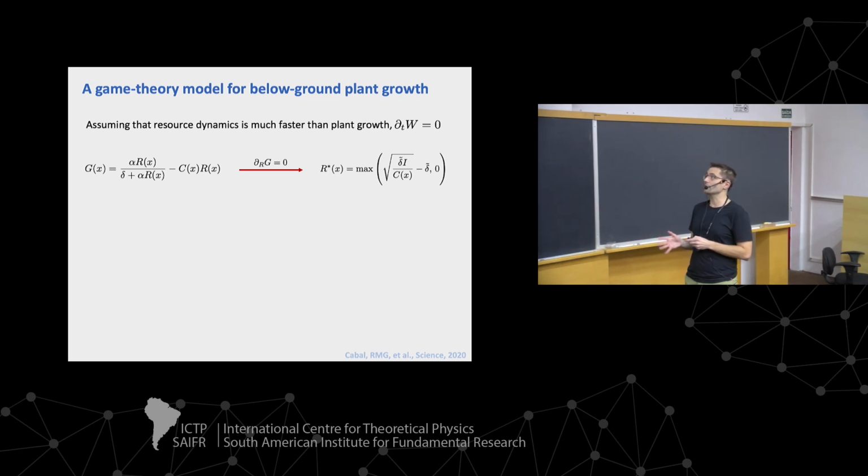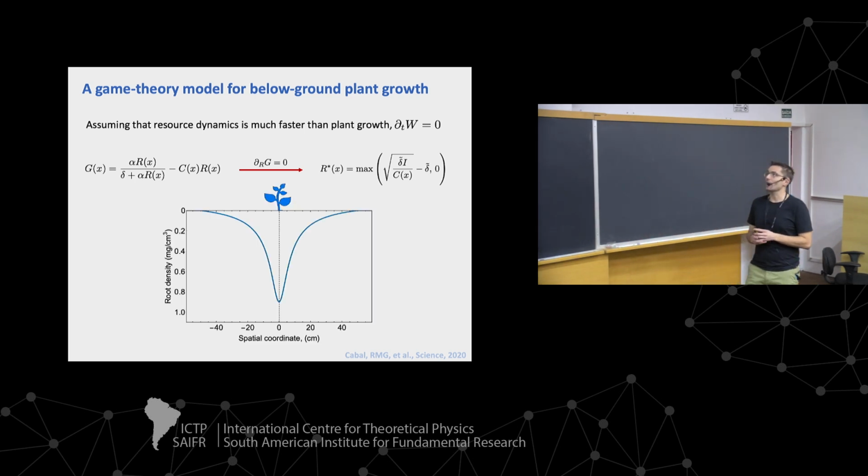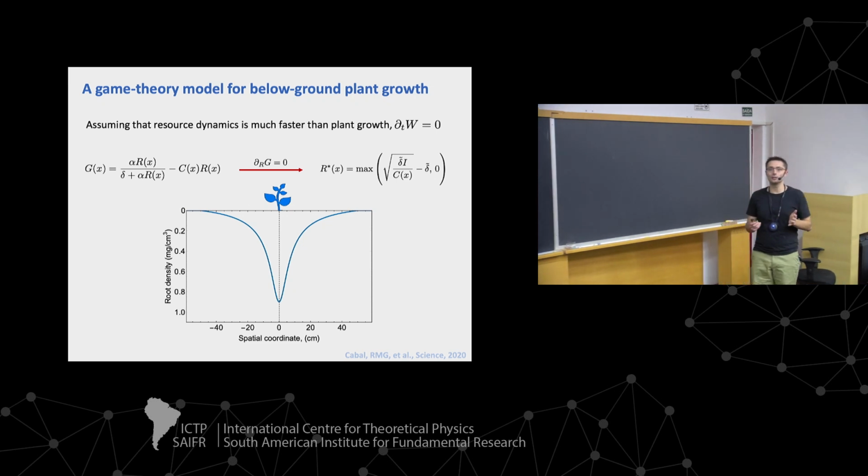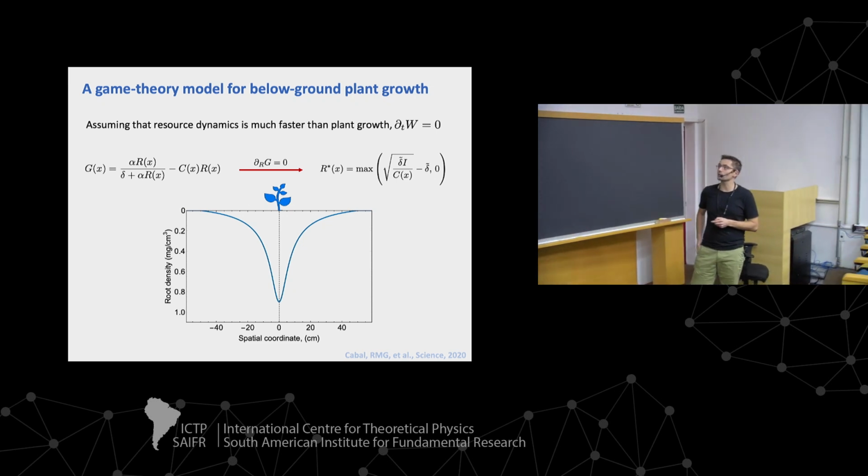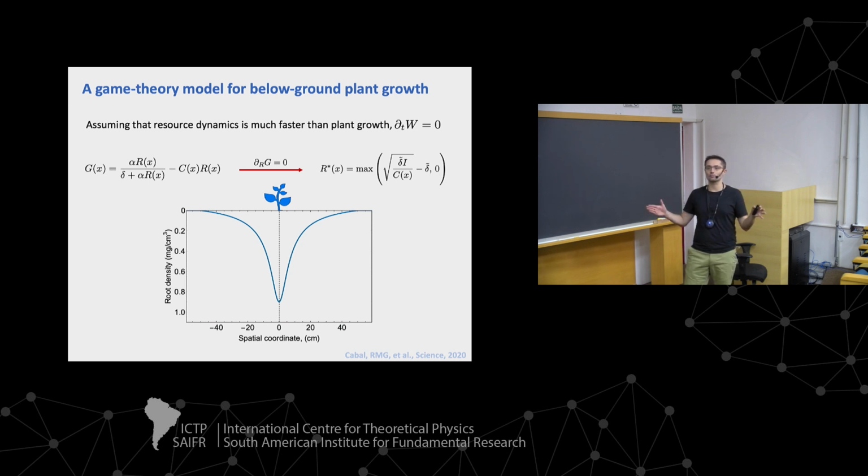Again, the important thing is that, not surprisingly for anyone, I get a root profile in which plants allocate more roots close to their insertion point, and then they start allocating less and less roots until there is a critical point, or a limiting point, where it doesn't make any sense to allocate more roots because the cost outweighs the benefits, and therefore that's what sets the size of the root system.